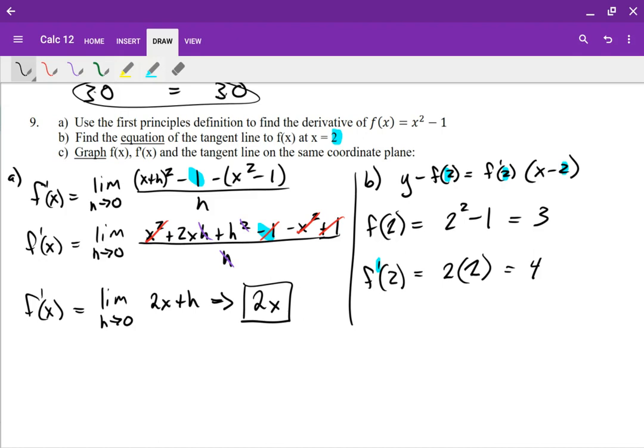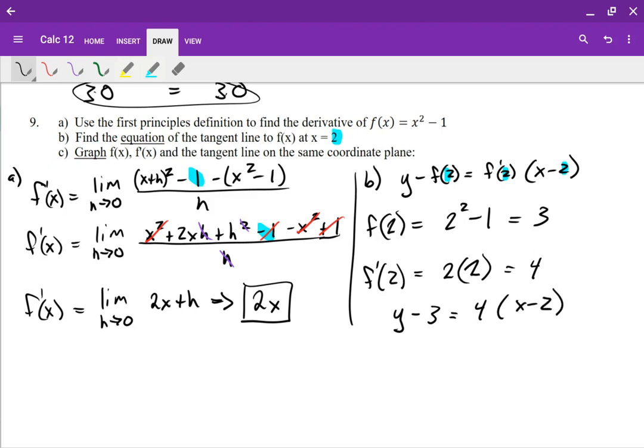And so basically, what are we looking at here? We are looking at the tangent line. So it's y minus f of 2, which I know f of 2 is 3, y minus 3, which equals f prime of 2, which happens to be 4, and then x minus 2 right in there.